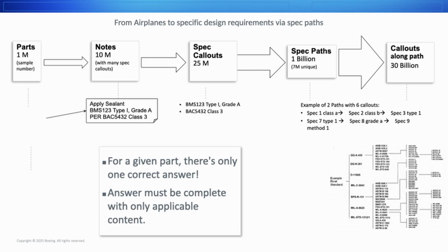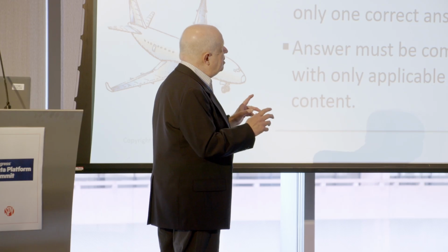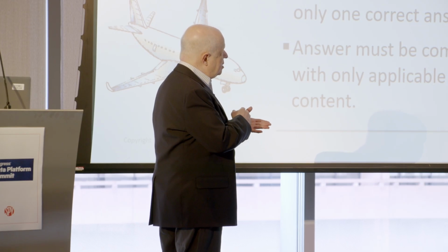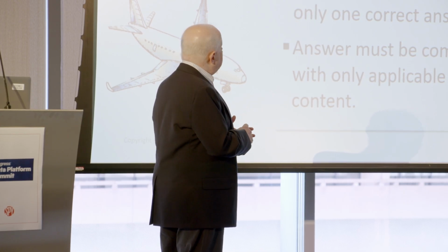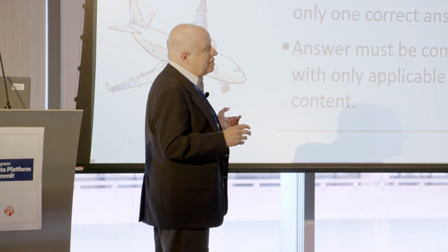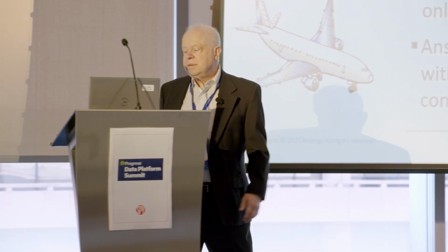Our documents are highly interconnected, so they form spec paths from one spec to another. If you look at those numbers, you're in the billion range. And if you look at all the specs along those paths, you're in the 30 billion range. So we just have a very complicated search space that's large.